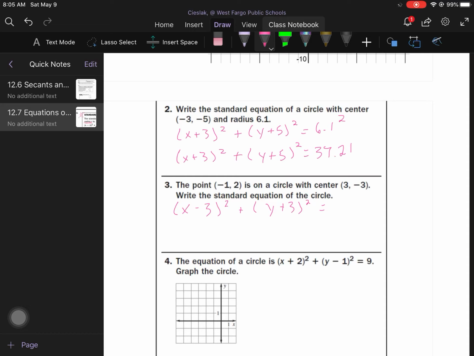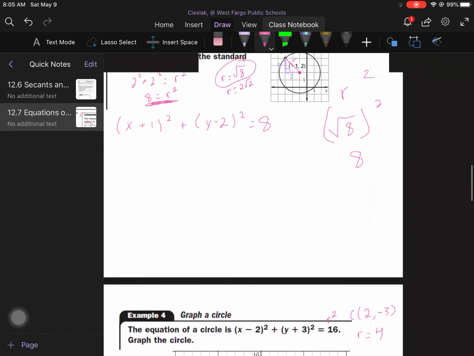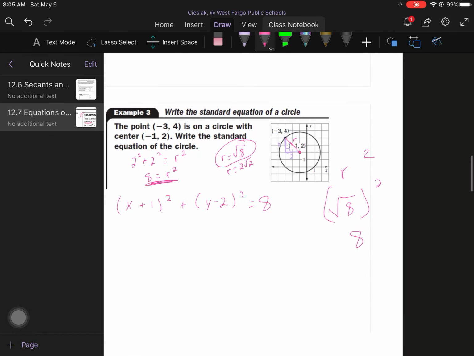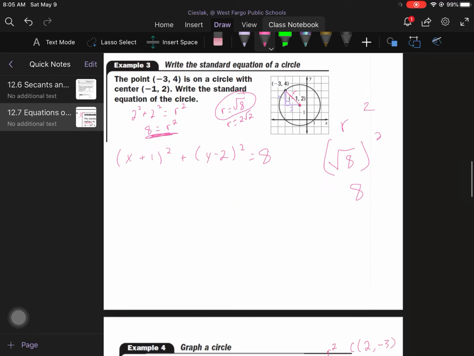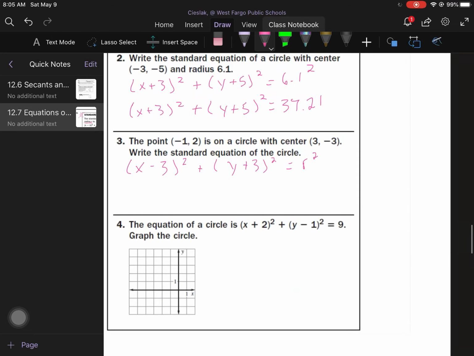We've got to find out what our radius is here. I've got to find r squared. So I'm going to leave that blank for now. Now here is the alternate way. If you remember, when we did one like this before, we had the graph paper there, so we could just make a right triangle. You could certainly do that on this one, but I'm going to show you another way you can do it without having to do the graph paper.